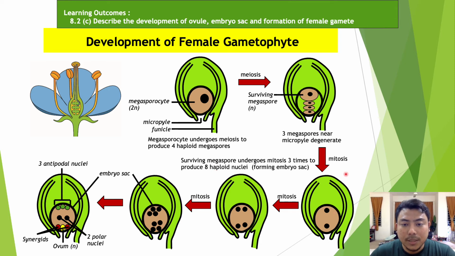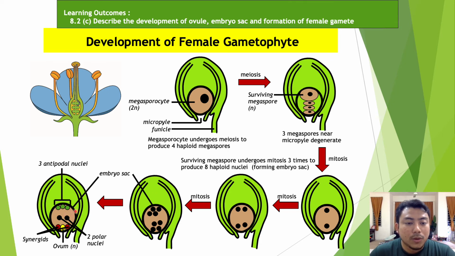So the first mitosis, from 1 cell, now you become 2. Okay, we have 2. So the second mitosis, each of these will become 2. So after the third mitosis, each of these will become 2, and in total, after 3 mitosis, you will have 8 cells.